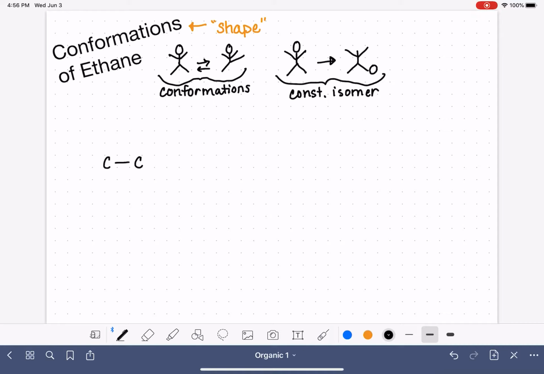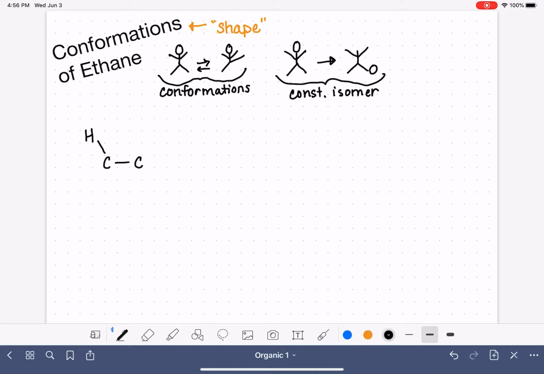What I want you to do is attach one hydrogen atom sticking up off of the carbon that's on the left of your model. And I want you to hold this model in your hand so that the hydrogen, carbon, and carbon are parallel to your table or your desk or whatever you're working at.